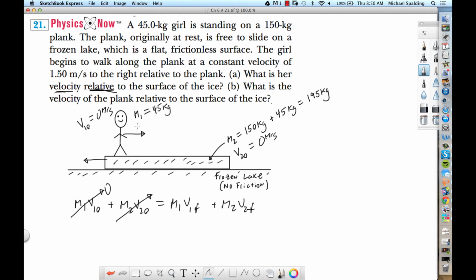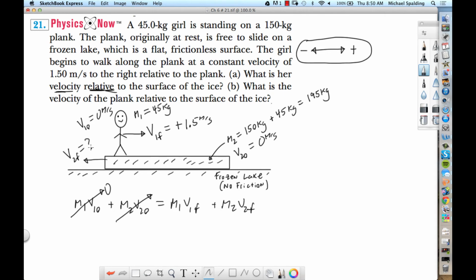No. So then they tell us the velocity of the girl after she starts to walk, so that's going to be v1 final, is positive 1.5 meters per second. So sign convention here, to the right is plus, to the left is minus. That's our sign convention.